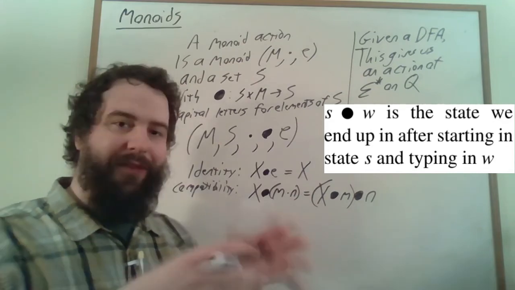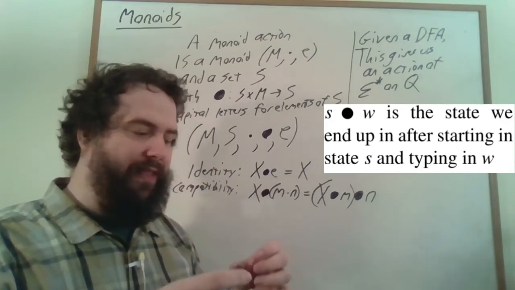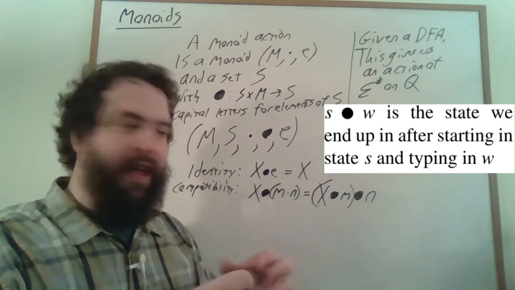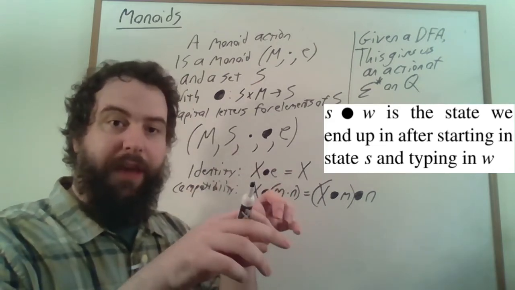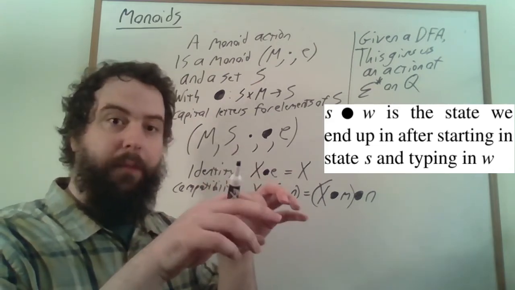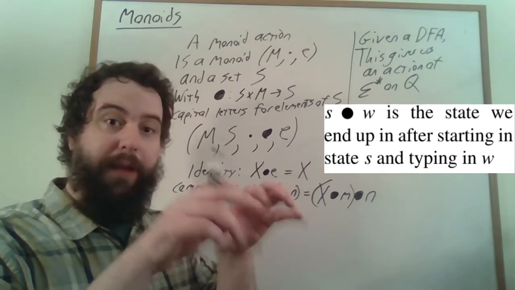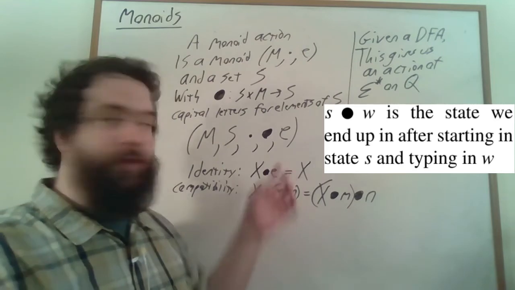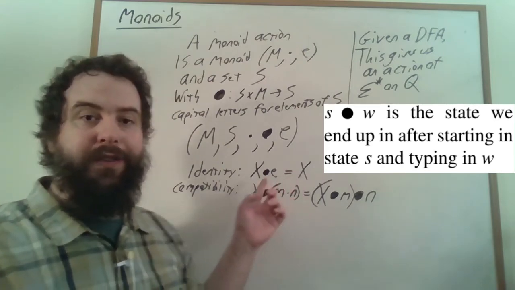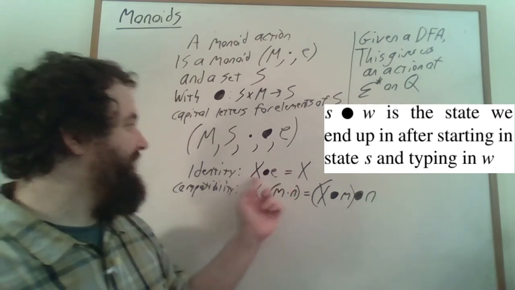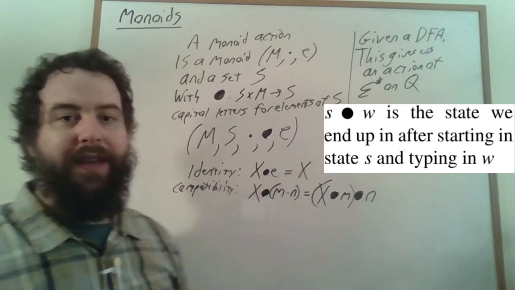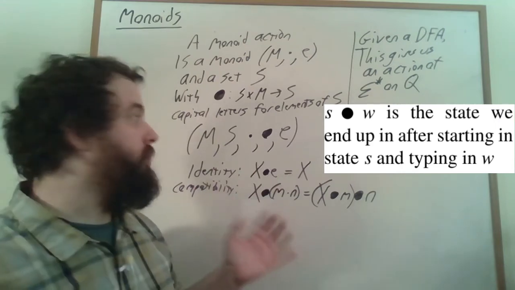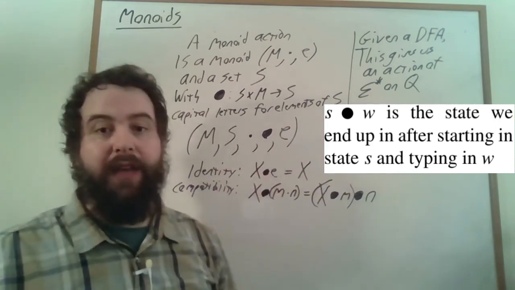If I have a finite state automaton and it's in a particular state, and I type in all of the characters of the empty word, which is none of them, then when I'm done doing that, the automaton will be in the state that it started out in. So this identity property is going to be true for this particular monoid action.